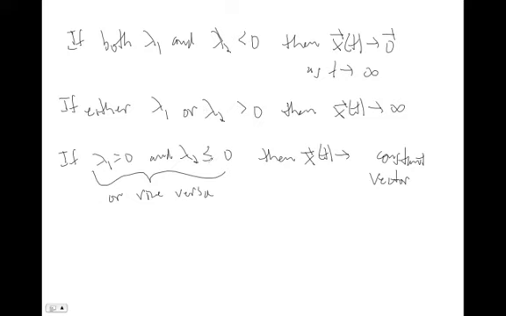And all this is basically saying is, neither of them are greater than 0, so it's not growing to infinity, and at least one of them isn't decaying away, so at least one of them is equal to 0. If they're both less than 0, then we're back up to this first case. So at least one of them needs to be 0, but they could both be 0. That's all it's saying. In that case, then this x of t goes to a constant vector.